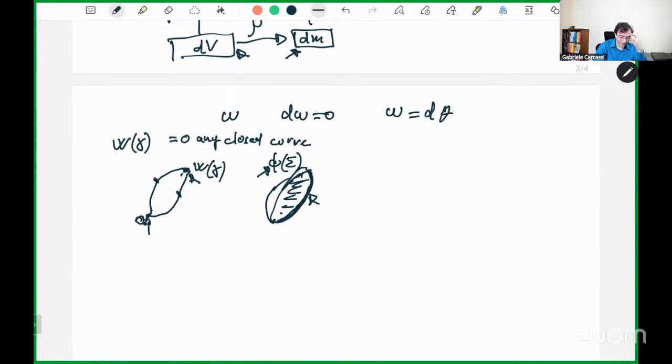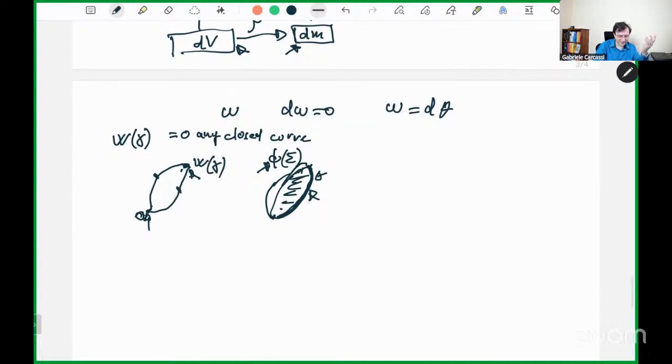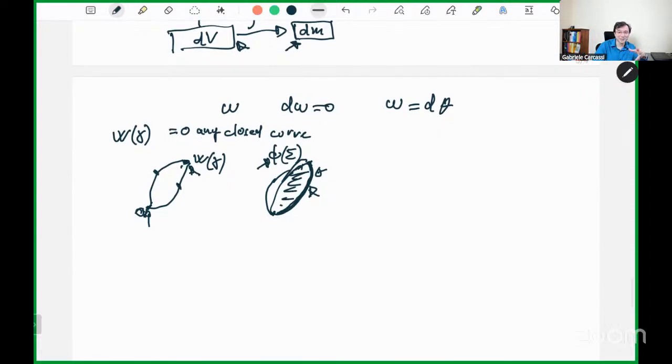And so when you generalize this, you have to do the same thing. Now, every closed curve, I can see it as essentially one side plus the other side. And as long as you give essentially an arbitrary value to all the possible lines from 2 points, then you know how to close the curves.